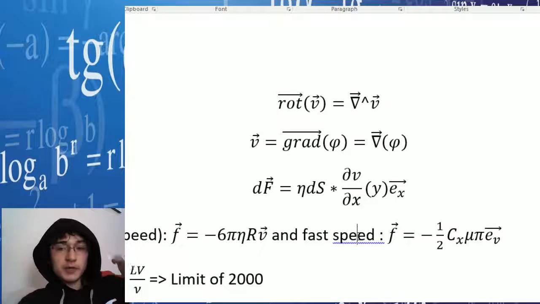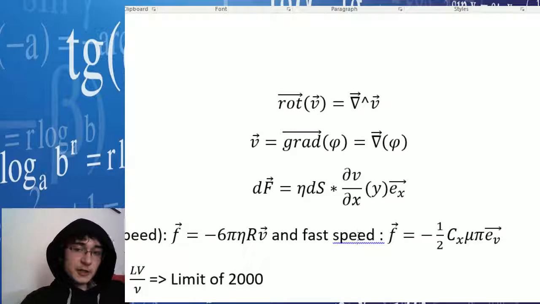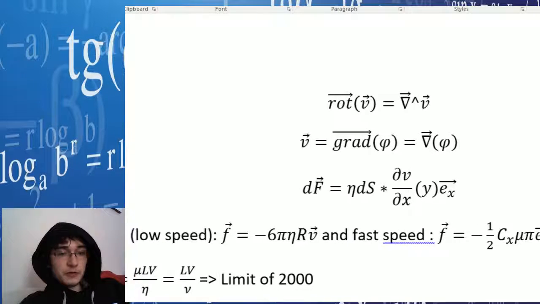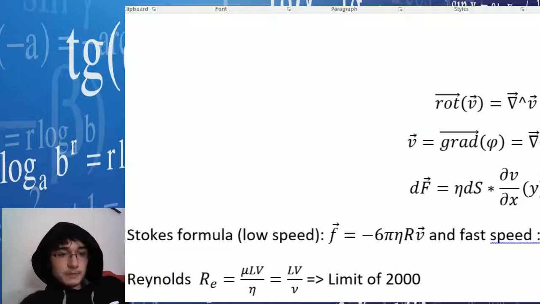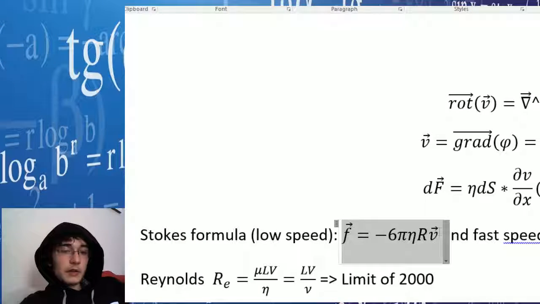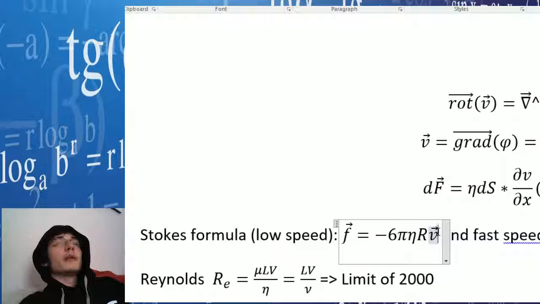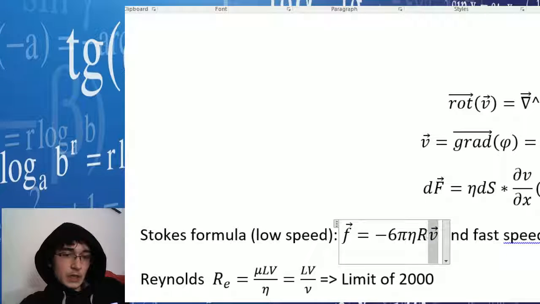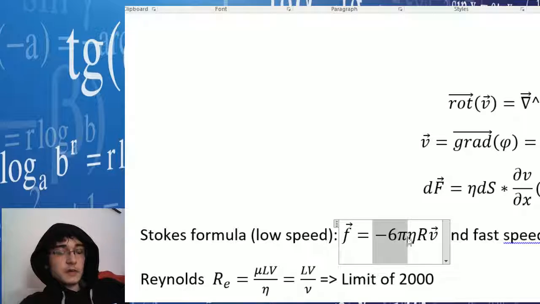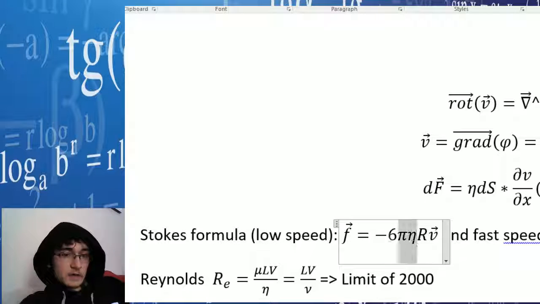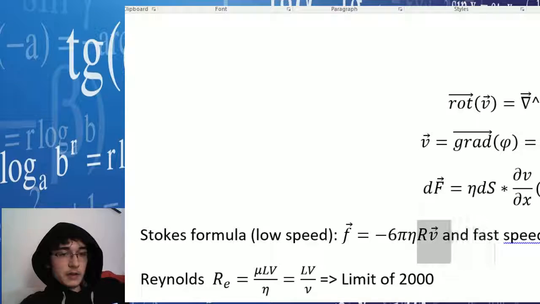So this formula here, the formula of Stokes: F equals minus 6 pi eta R V, in the direction of V. This comes from the fact that you consider, oh no, I'm not going to talk about it, but you have this minus 6 pi eta R. Also, I think I forgot the eta. Okay.